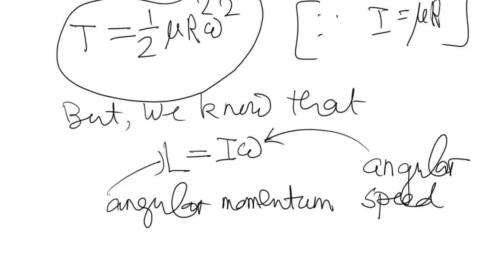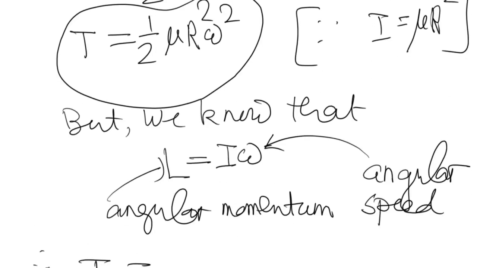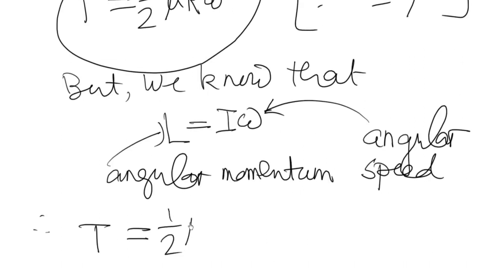Therefore, instead of omega we can write L by I. So the kinetic energy is half mu R square times L by I whole square.